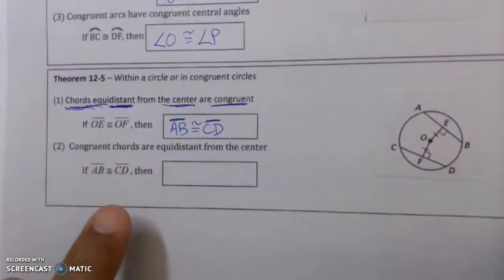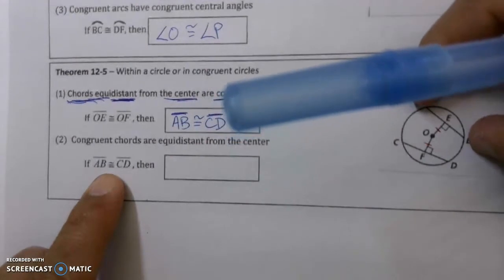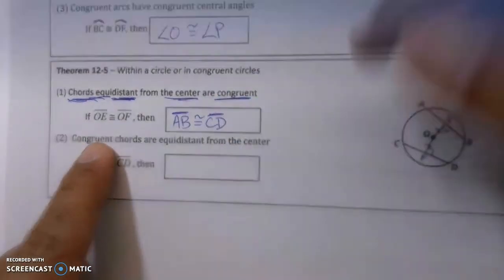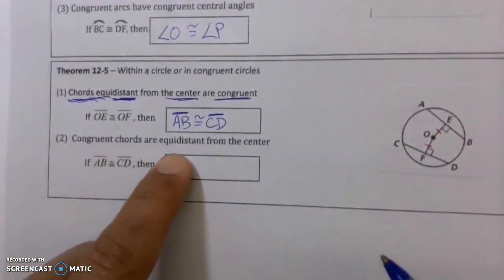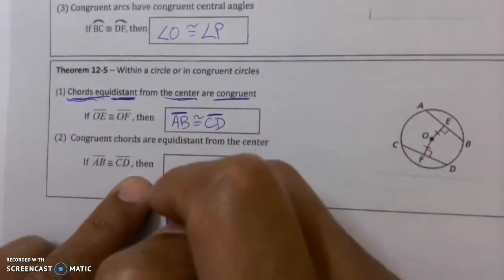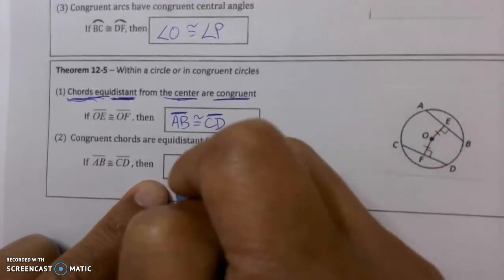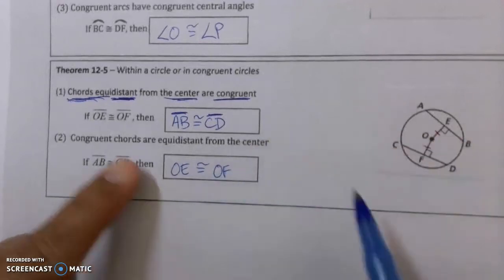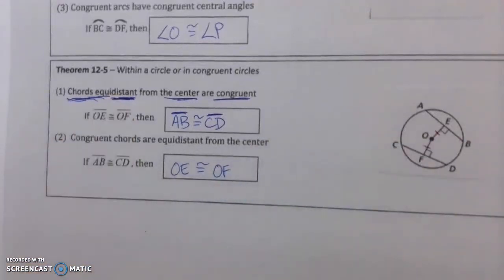And this next one is that in reverse. If the chords are the same length, 7 inches and 7 inches, then you are equidistant from the center. Then OE is the same as OF.